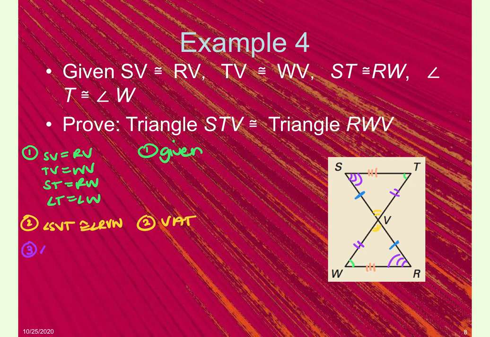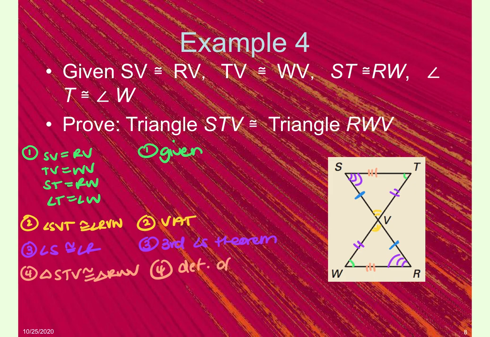So now I can say angle S is congruent to angle R, and that's third angles theorem. So now I can say triangle STV is congruent to triangle RWV. Definition of congruent triangles.